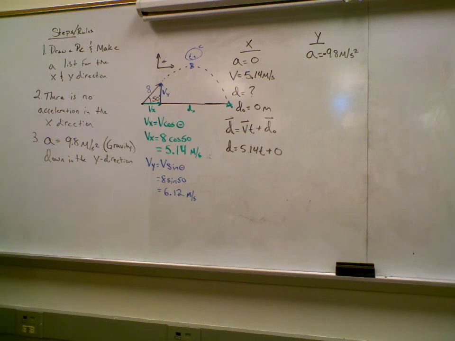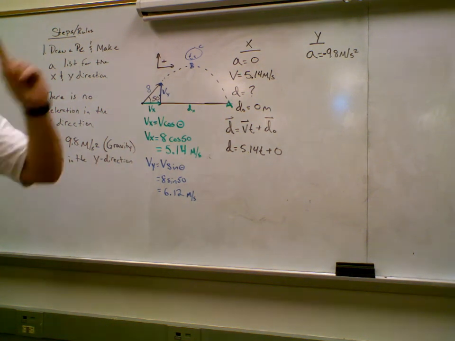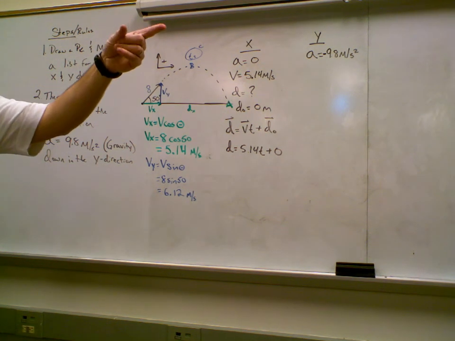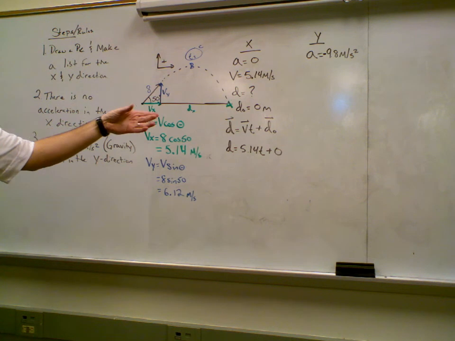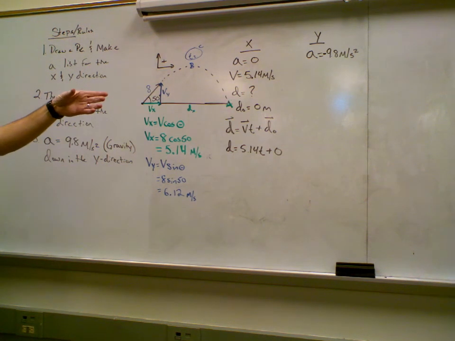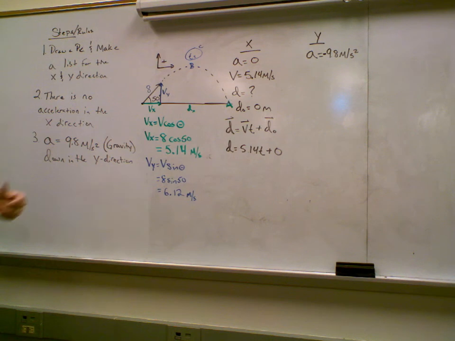Has no direction, right? Which means if I can find time in the y direction, won't that apply to the x direction? Yeah. So, last step, rule, guideline thing. Okay.